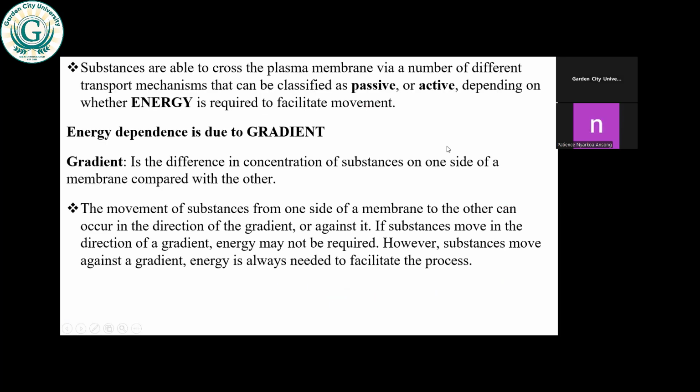So substances are able to cross the plasma membrane via a number of different transport mechanisms. And these various mechanisms are classified into two main types: passive and active transport. Passive and active transport.